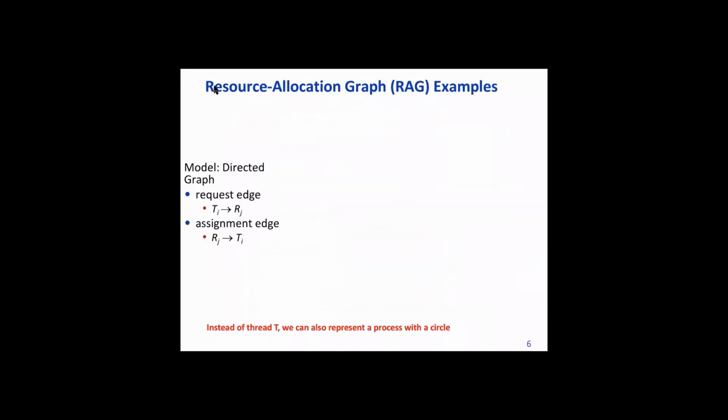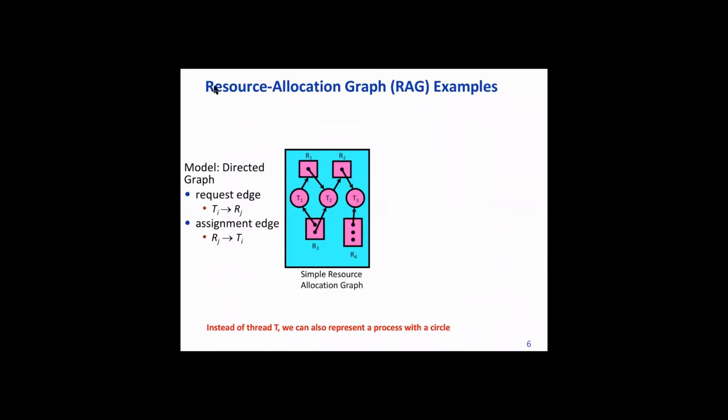And then we have seen we can create the graph theoretical model by representing threads or processes as a circle or node, and resources as a rectangle. Then we have two types of arrows: one for request, and second for assignment. You can see the direction of the arrow and find out the request edge or assignment edge.